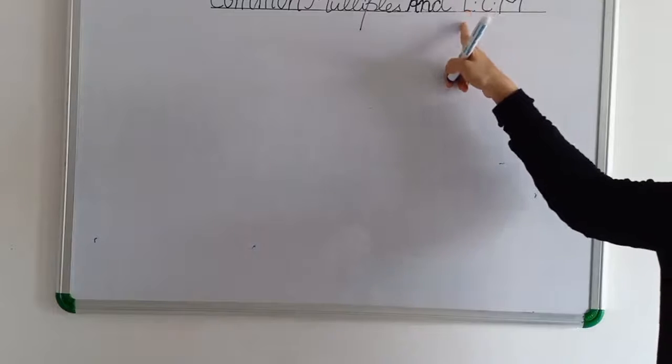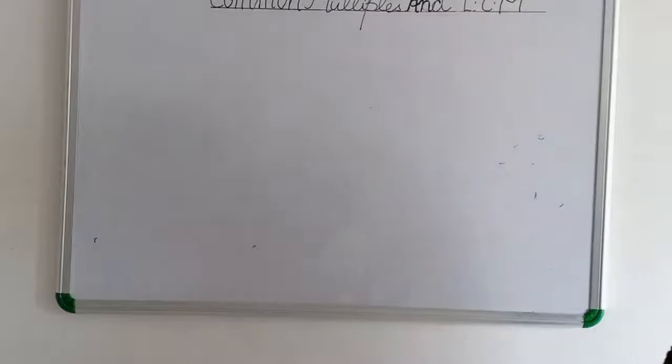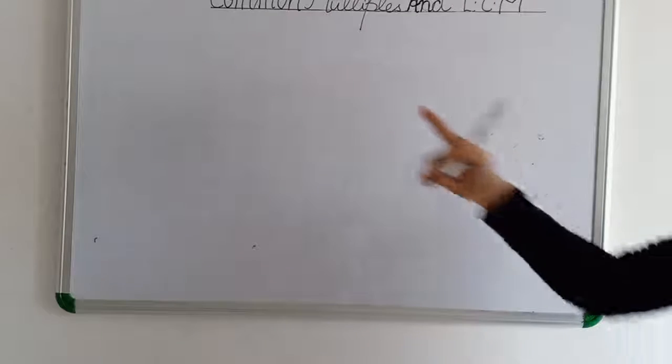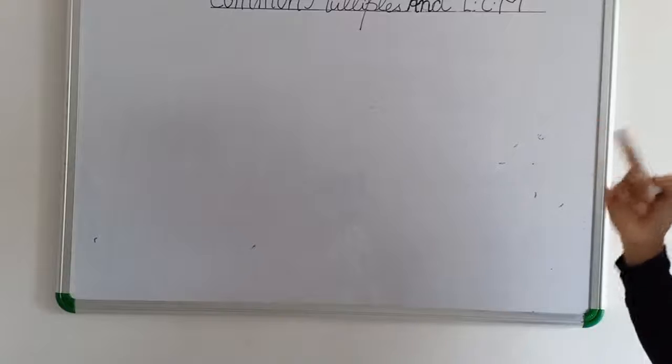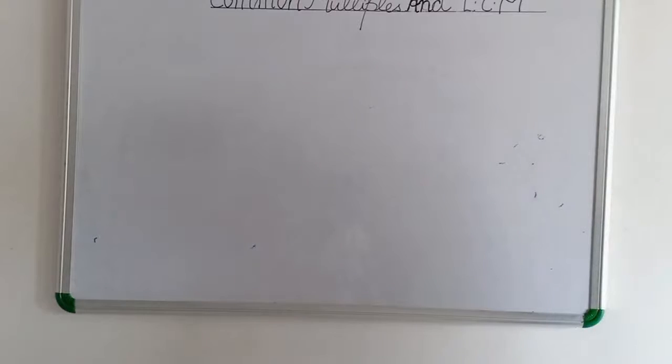Just now you can see 20 can be divided and it is the least one. So it is the smallest number that can be divided by both the numbers without leaving a remainder.